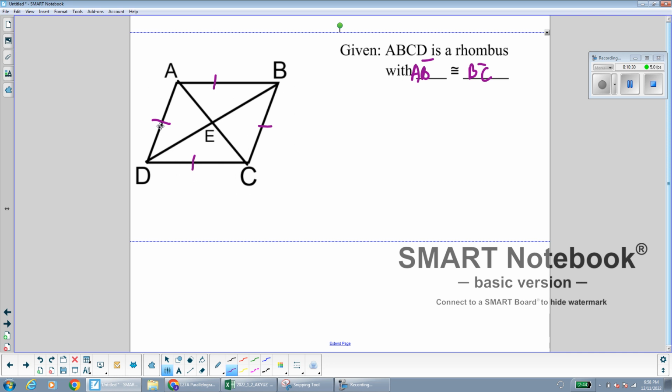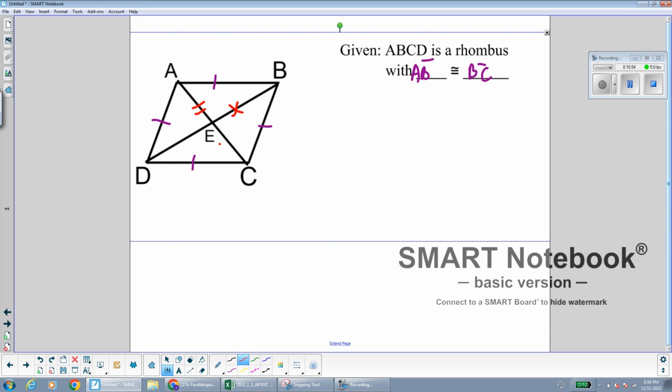Let's continue. Let's focus on these two triangles over here for right now. These two triangles share side BE in common. I see diagonals here, and a property of parallelograms is that the diagonals bisect each other. So that also applies to a rhombus.